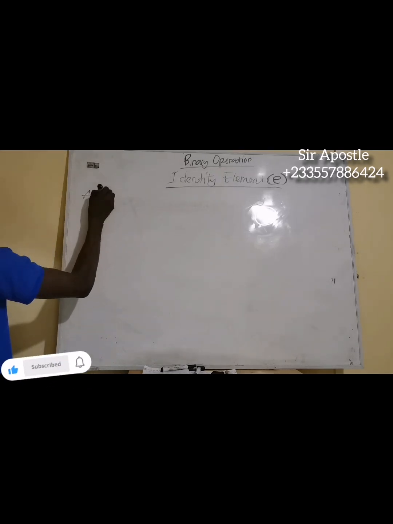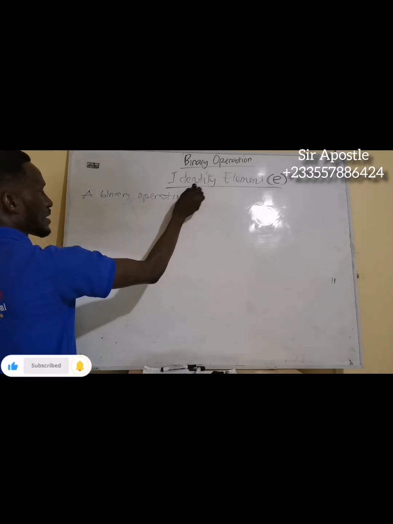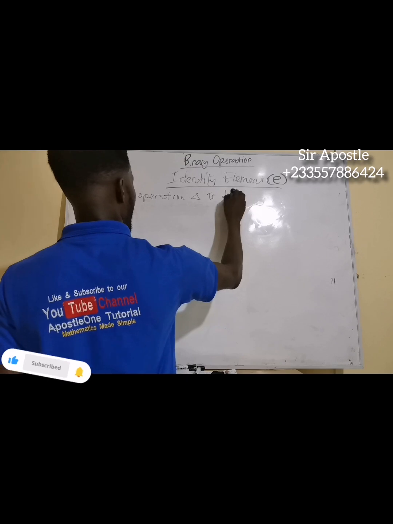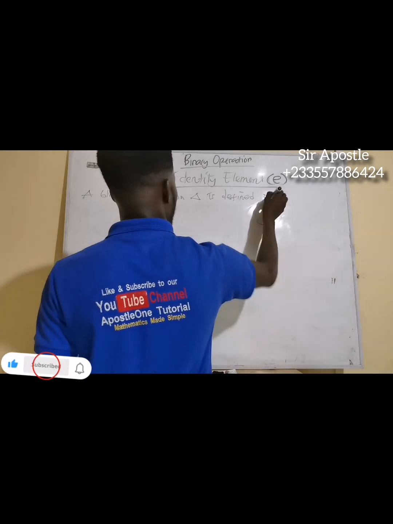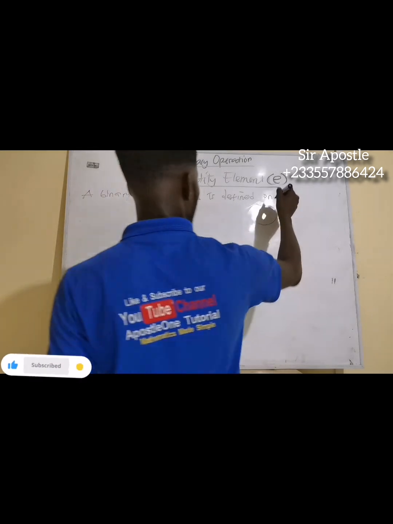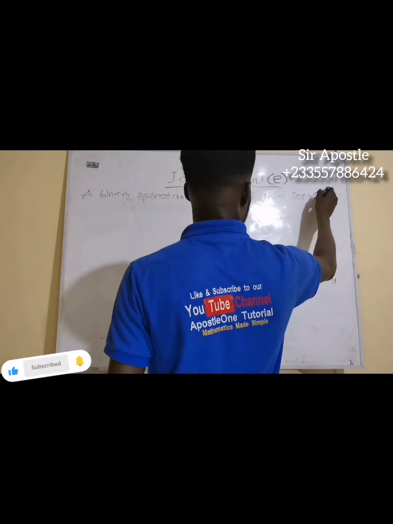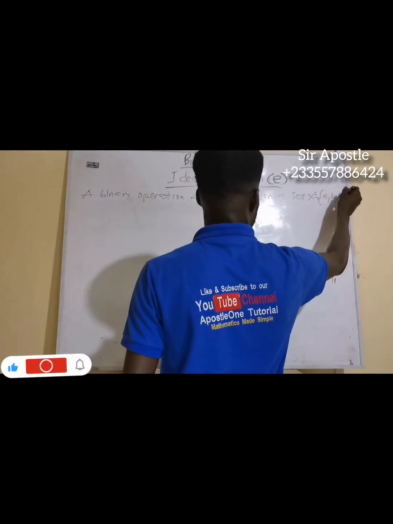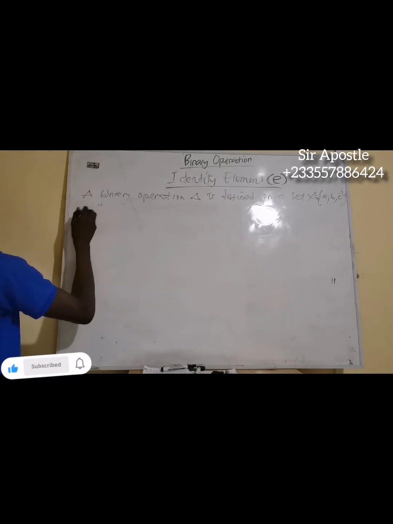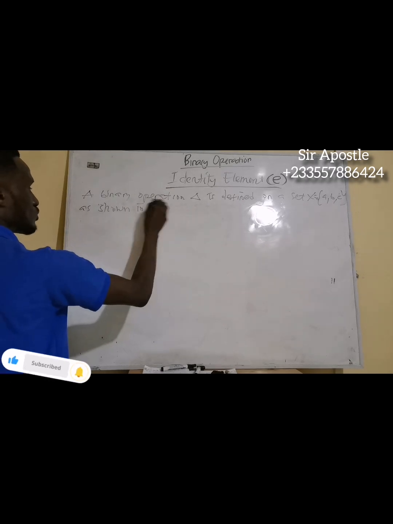Now, a binary operation, triangle, is defined on a set X. The set X is A, B, C, as shown in the table below.